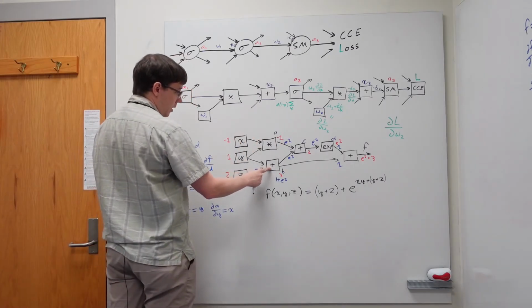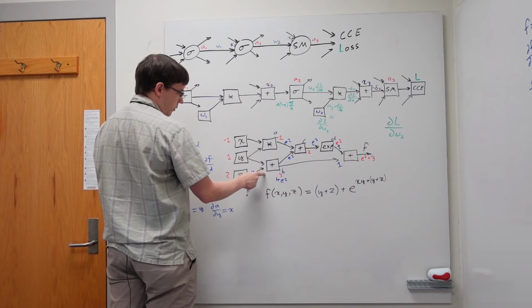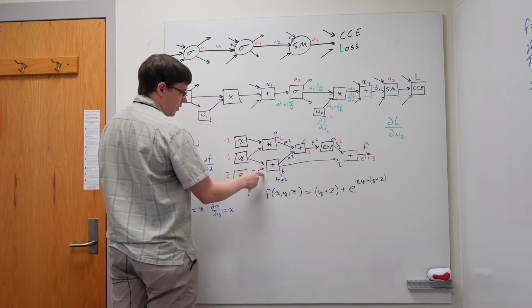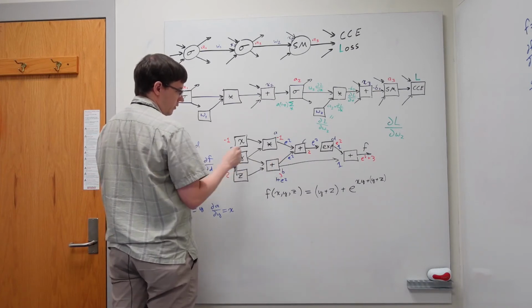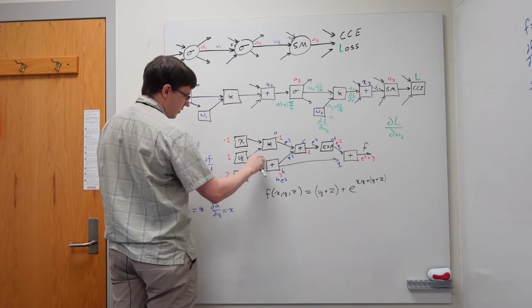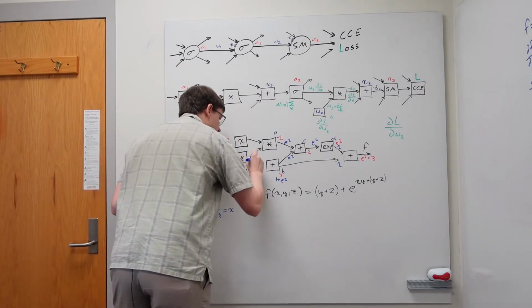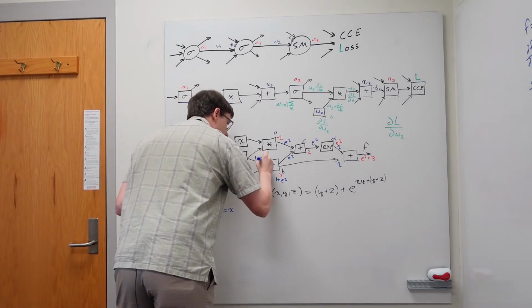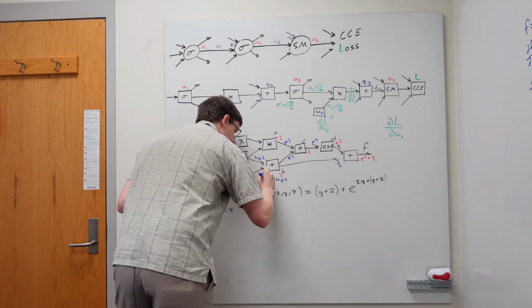And so now, when we carry that back through the sum, well, the sum just gives us 1 as its derivative, so we get 1 times this on each of these edges. So we get 1 plus e squared, 1 plus e squared.